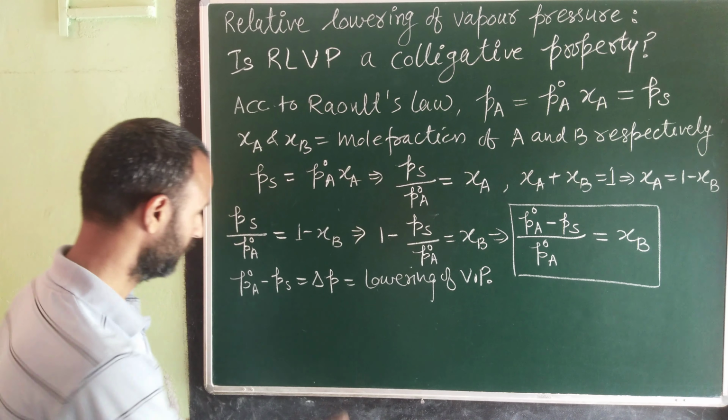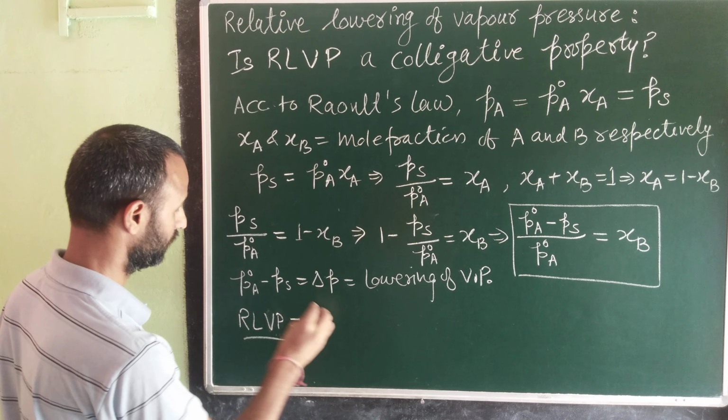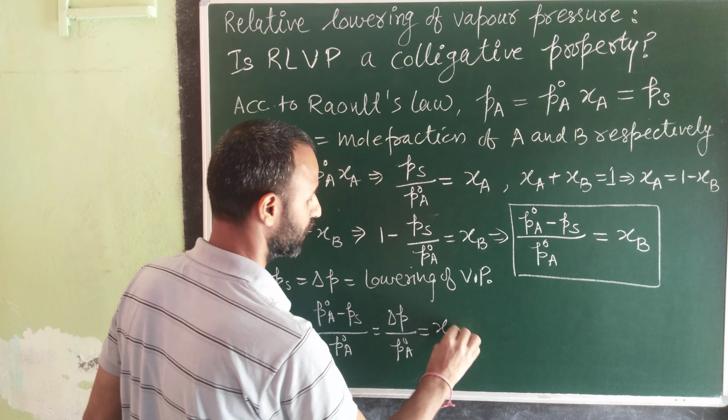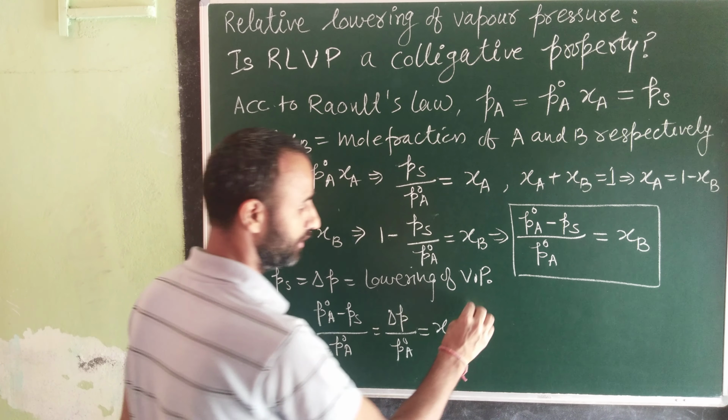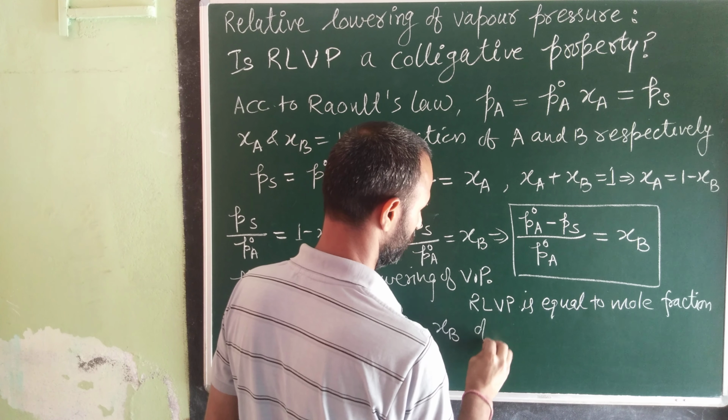So relative lowering of vapor pressure is equal to P naught A minus PS over P naught A. We can write it as delta P over P naught A is equal to XB. It proves that relative lowering of vapor pressure is equal to mole fraction of solute.